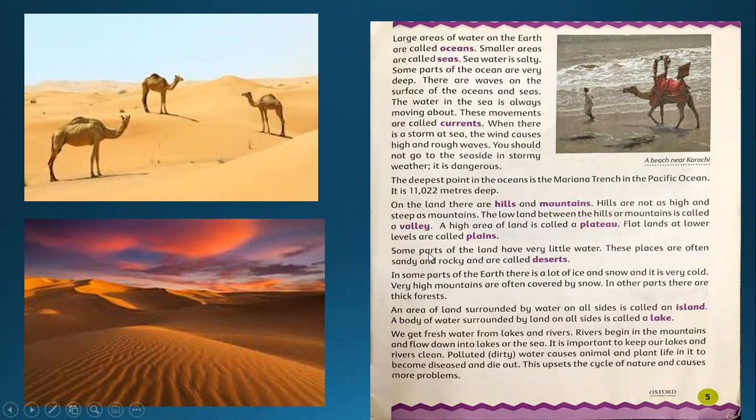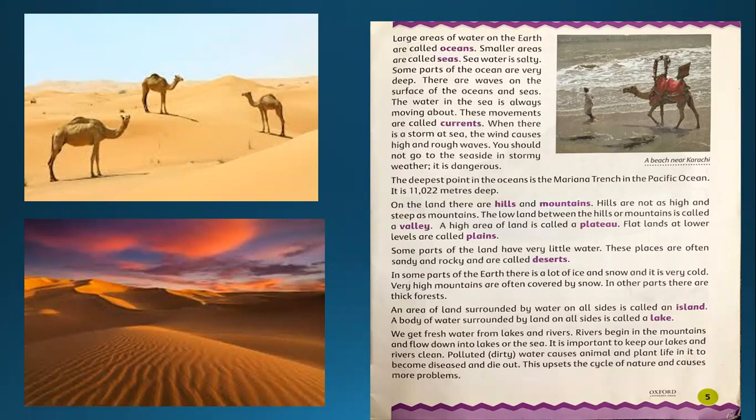Okay, then some parts of the land have very little water. These places are often sandy and rocky and are called deserts. These are deserts, where there is very little water and very little rainfall, as you can see in the picture.